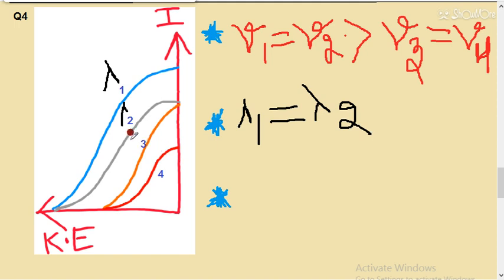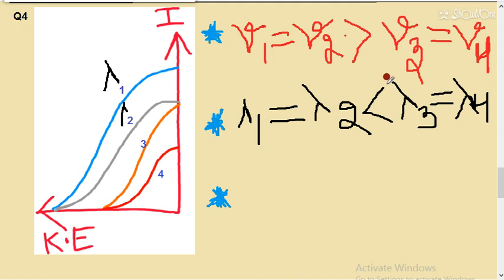Now see, kinetic energy for the second case is more than the third case. So that means lambda 2 should be less than lambda 3, and lambda 3 and lambda 4 are again equal, because these incident frequency lights have the same kinetic energy.